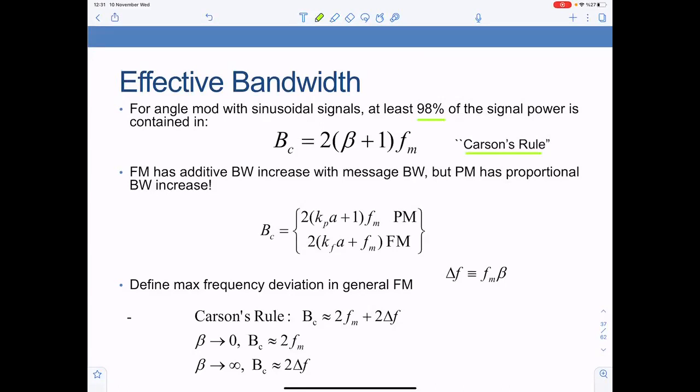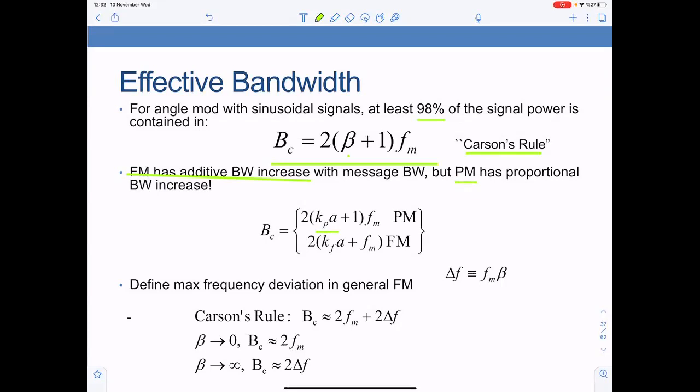That causes an additive increase of the FM bandwidth with the message bandwidth. Carson's rule is also valid for phase modulation, but it implies something else for PM, because for PM, beta is not kf times Am over fm. For phase modulation, beta is kp times A.